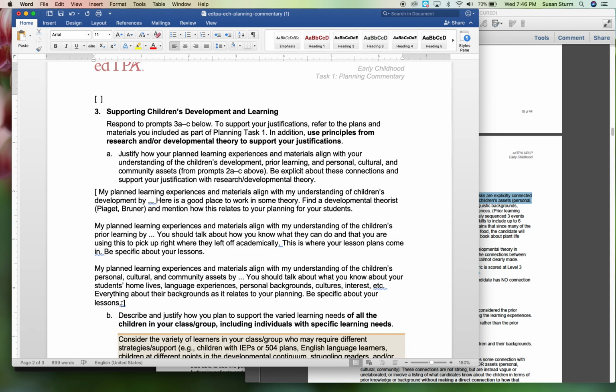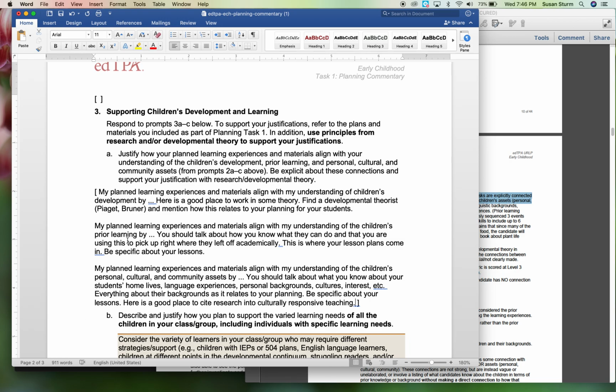Okay, so making sure that we hit everything. You don't have to have research and theory for every one of these, but it's not bad to have it for a couple of them. And here is a good place to cite research into culturally responsive teaching, or something along those lines of allowing your students' cultures to come into play in the classroom.